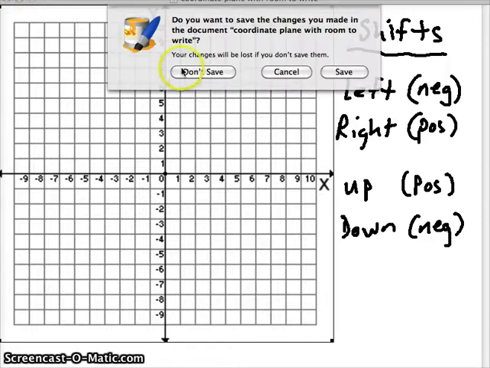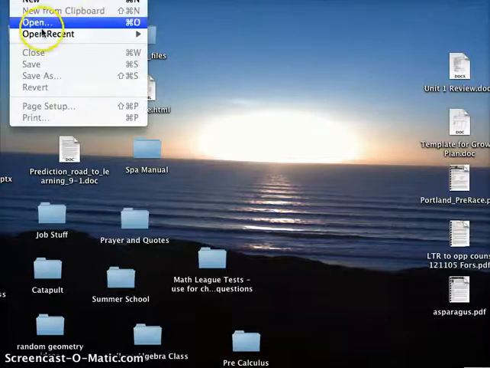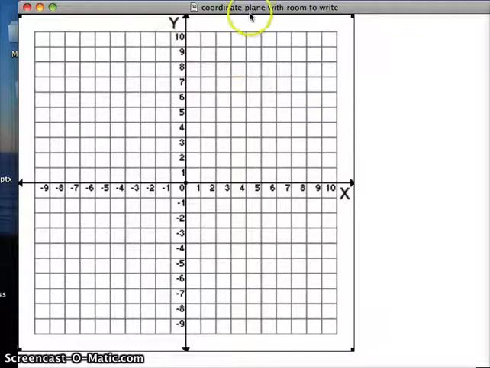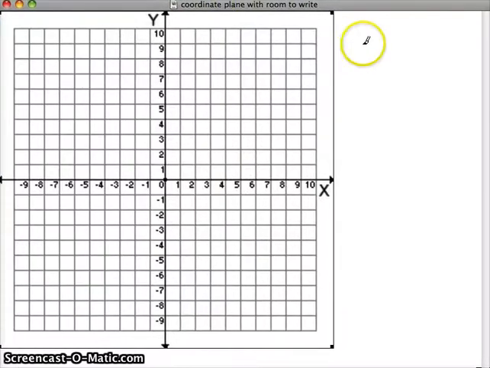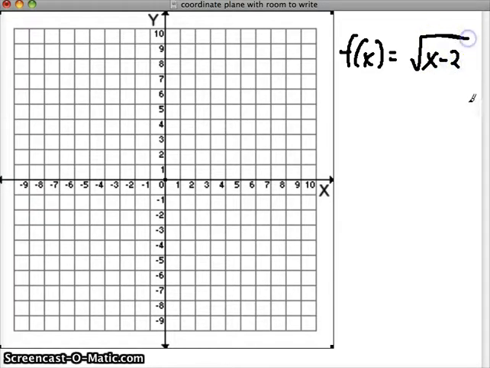Let's get a new graph going. So let's do a square root function first. Let's say that we're trying to graph square root of x minus 2. If you've already seen my videos on graphing square root functions and cube root functions, it will help you a lot.